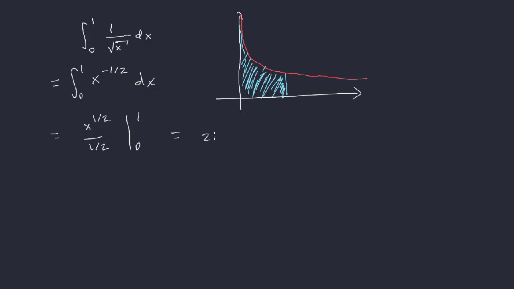And that will be 2 x to the 1/2 from 0 to 1. And we get 2 times 1 to the 1/2 minus 2 times 0 to the 1/2. This is our fundamental theorem of calculus step. And we just get 2.